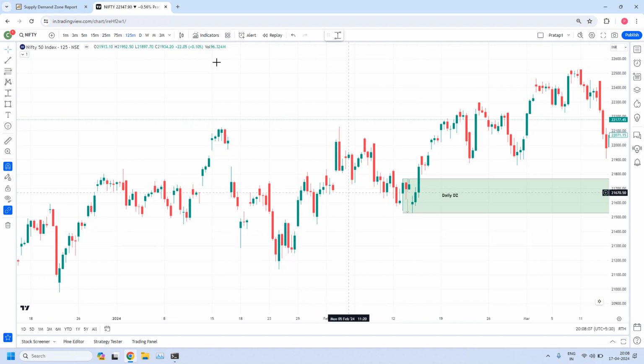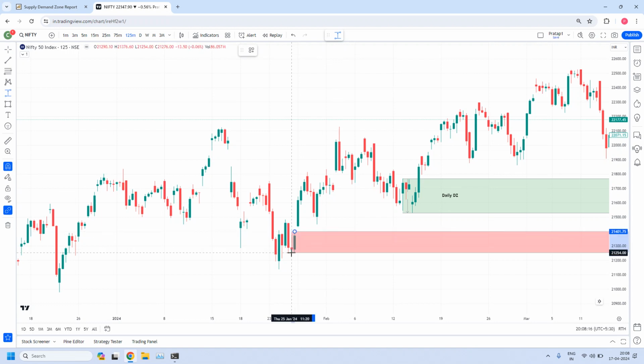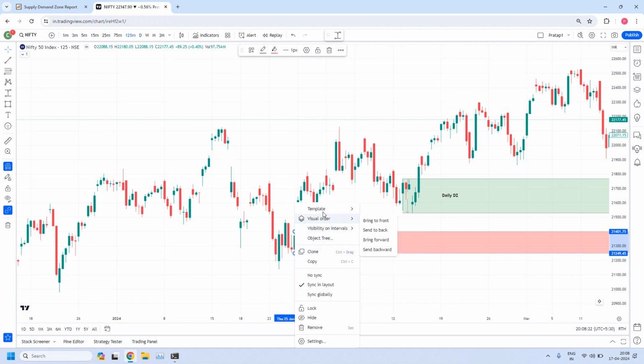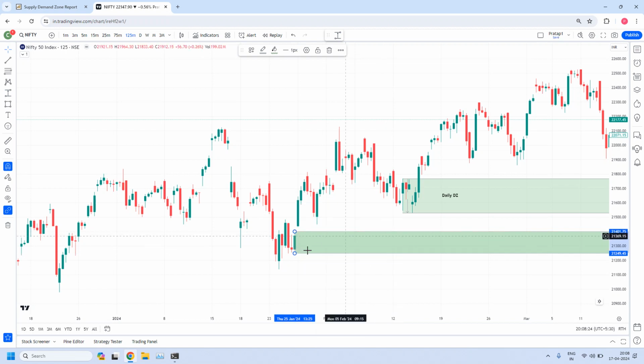Yeah, 25th January 9:15, these two are considered base candles and a rally candle. So this is a 125 minutes demand zone.